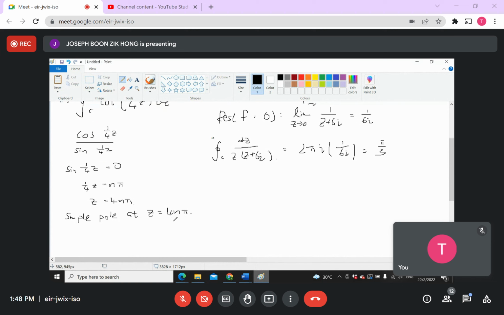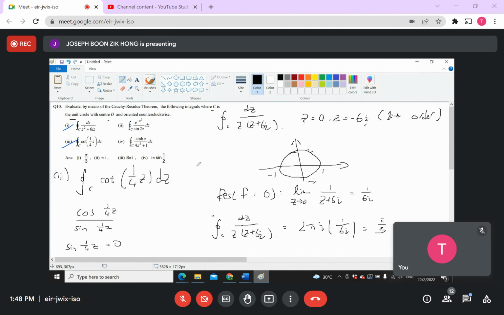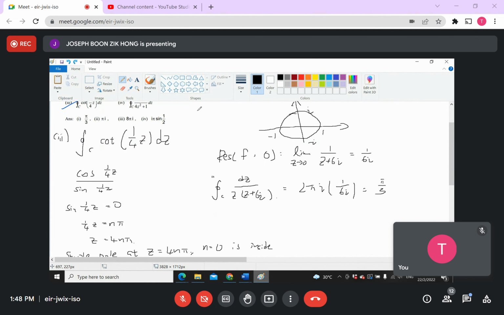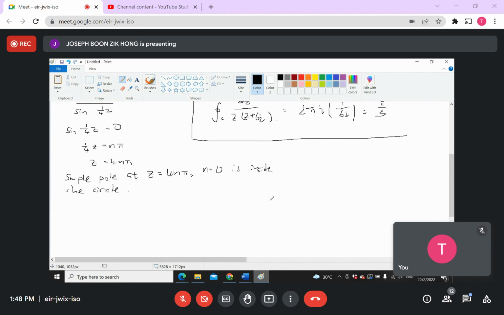So the only answer will be n equal to 0, which is inside the circle. So the simple pole is z equal to 0.